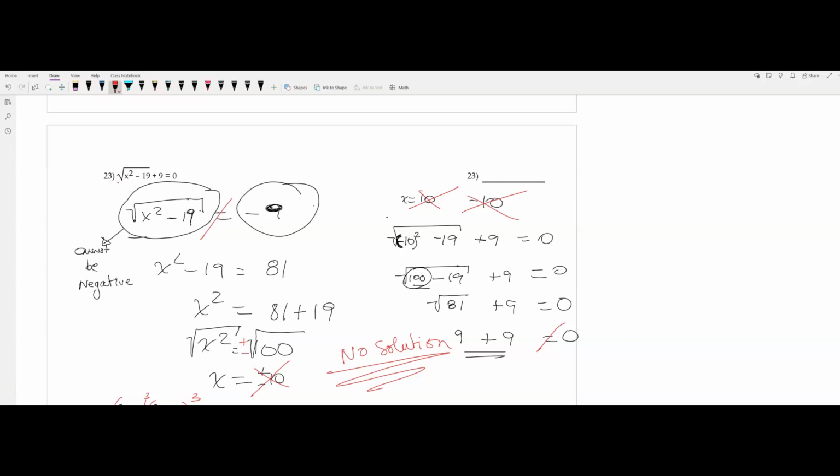Obviously, when we went through the process, it looks like, oh yeah, x is equal to that. But it's because I did square the negative 9. And when you square two negative numbers, it becomes positive. That's how we were able to move on. Okay? So anyway, we're going to stop right there. And hope this is helpful.